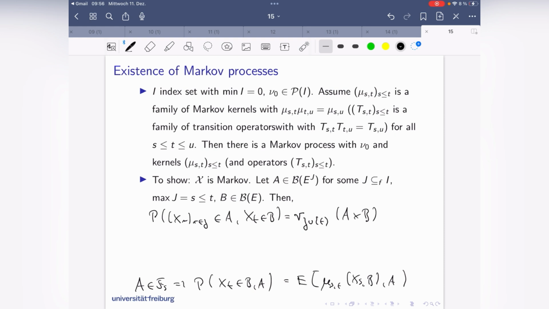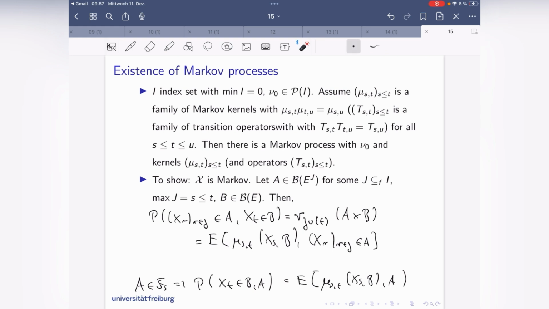And we can write that as the expectation of mu_st to go from Xs to B, and X_r, r in J, is in A. Yes, so we have this.